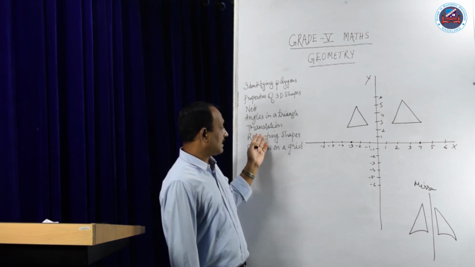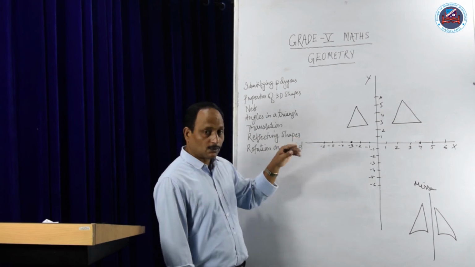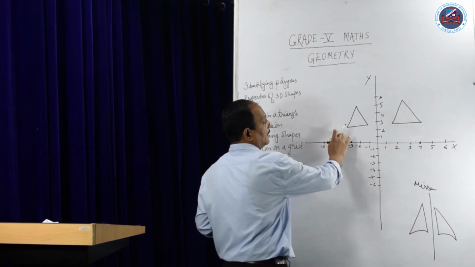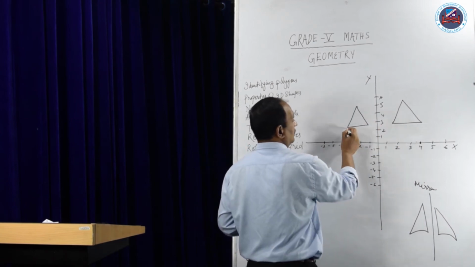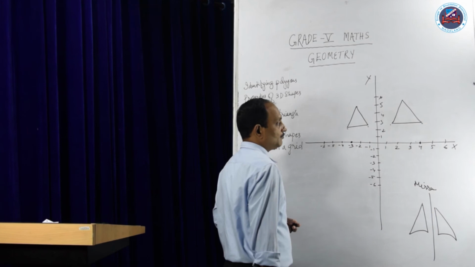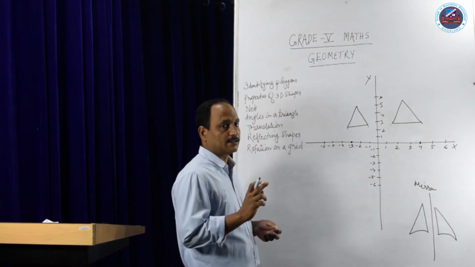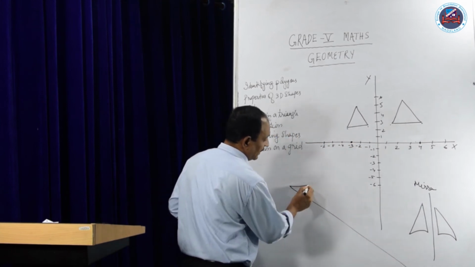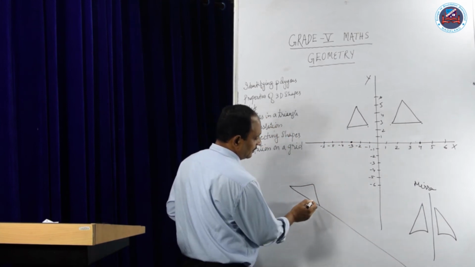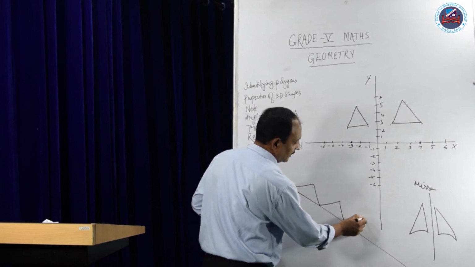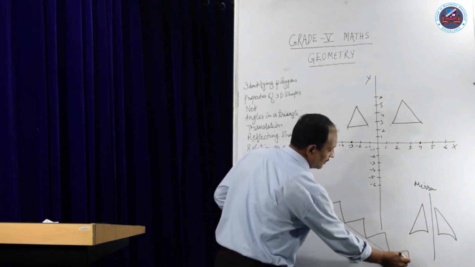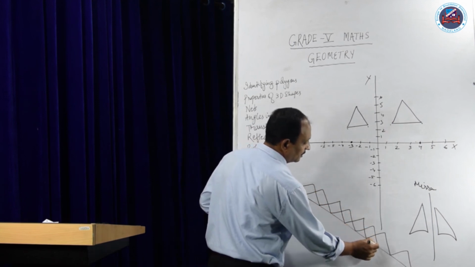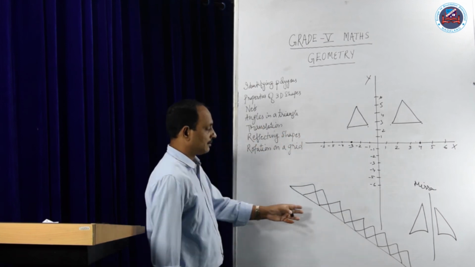In translation, a similar shape can also be drawn at a different coordinate, but it should be of the same size. Translation, same figure. Suppose this is a line, and I draw one triangle here, the same triangle can be drawn in this form, or in this form.